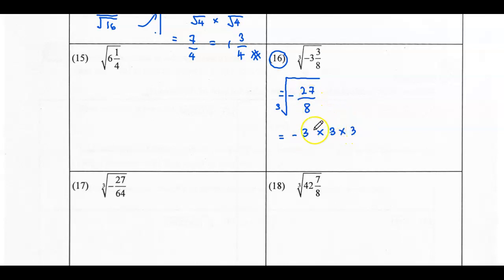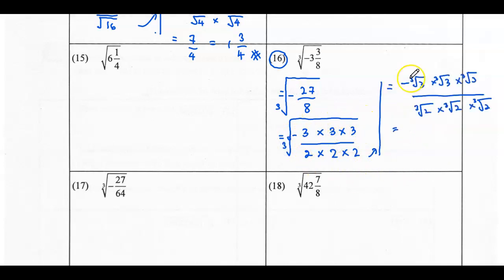Thus this is actually cube root of 27 over cube root of 8. What times what times what equals 8 is 2 times 2, 4, times again 2, you'll get 8. And this is cube root.